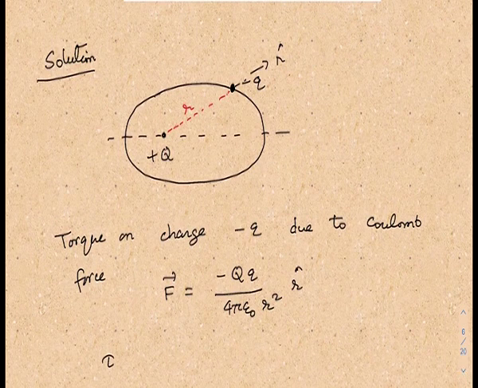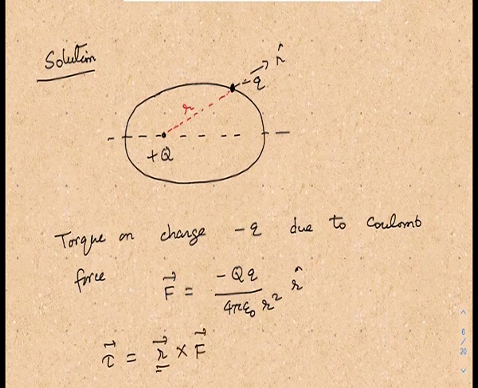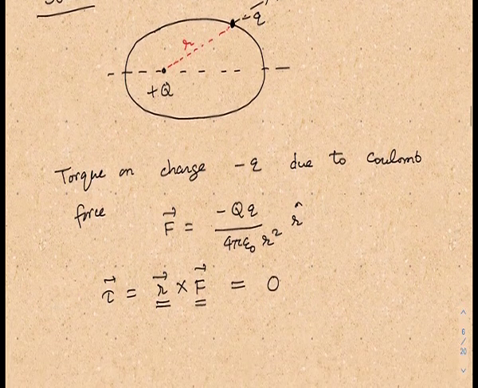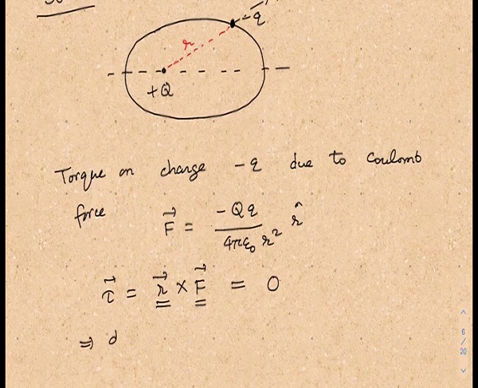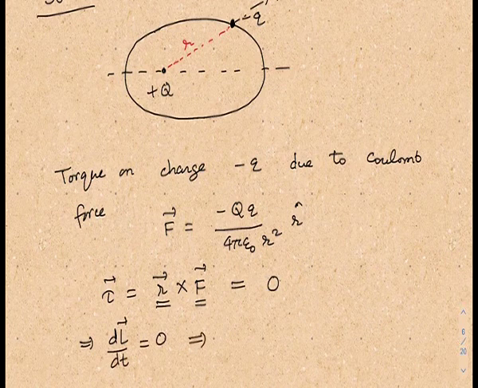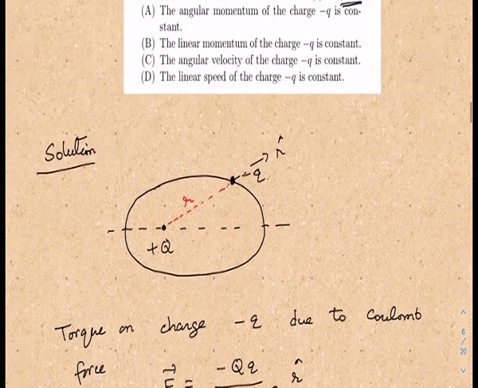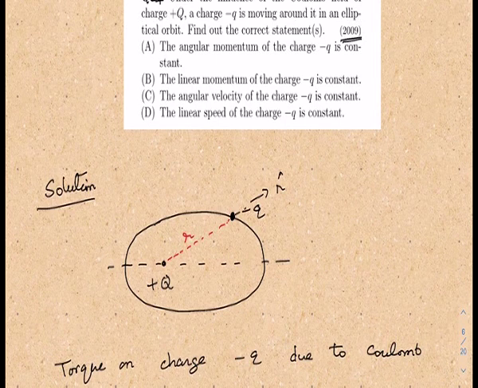Now torque is R cross F. In this case it's easy to see that both R and F are along the same radial direction, so therefore the cross product is simply 0. Now torque is equal to rate of change of angular momentum, which is equal to 0. So it implies that angular momentum L is constant. So the first option is correct. The angular momentum of the charge minus q is constant.